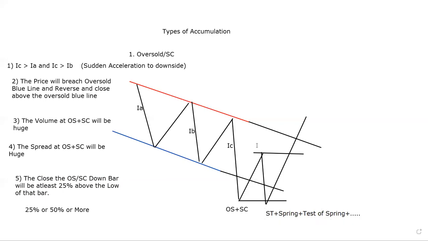And then this would be AR, and this would be jump across the creek. Got it? So 25% and more would be very easy.